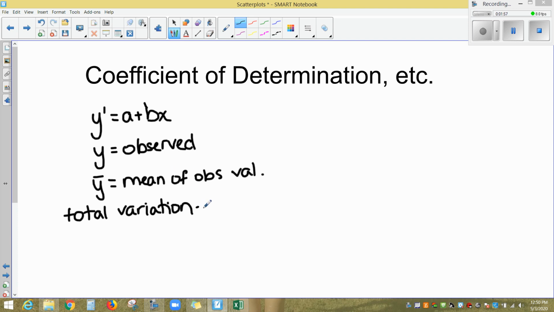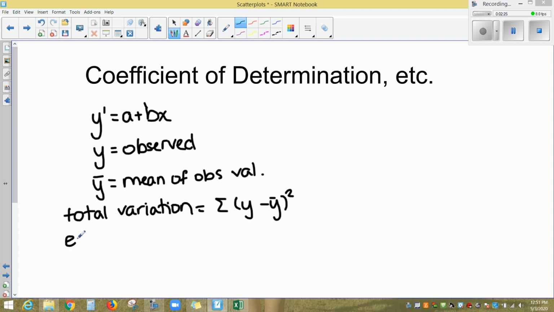The total variation is the sum of the squares of the differences between y and y bar. So y being the observed values, y bar being the mean of those, if we square them and then add them up, that's our total variation.